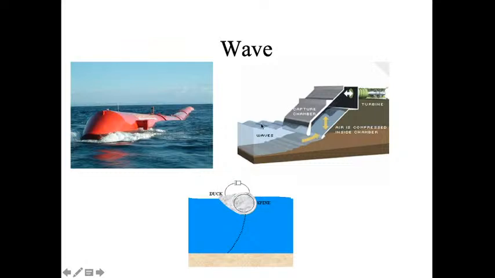This one, waves, they're a little bit interesting. This isn't a super feasible way to produce energy. If it were fully developed, it could produce approximately 10% of the world's energy, but it is very expensive.